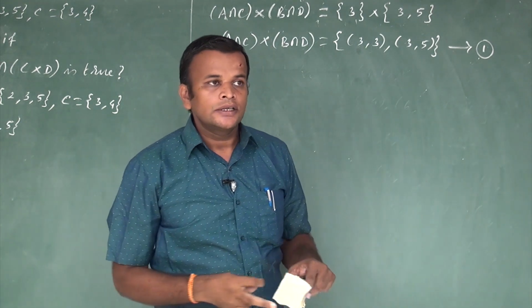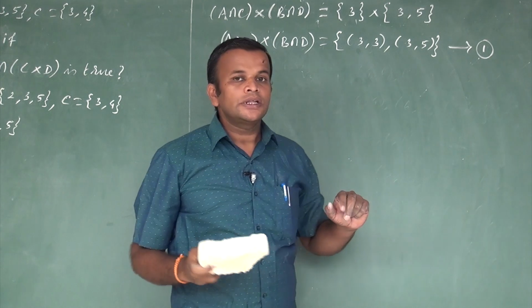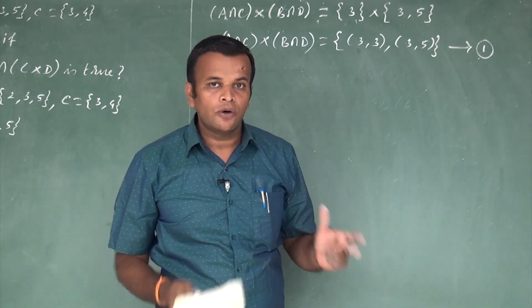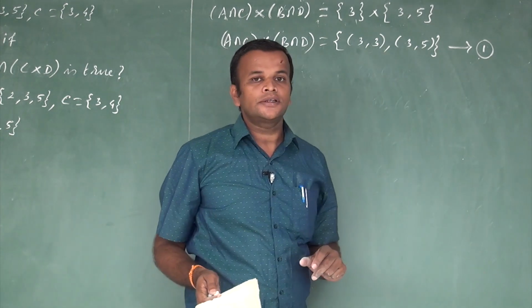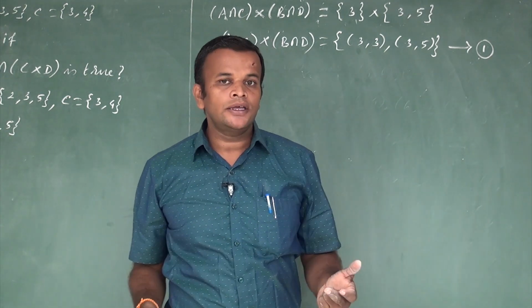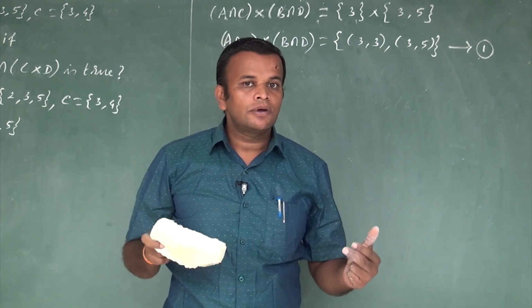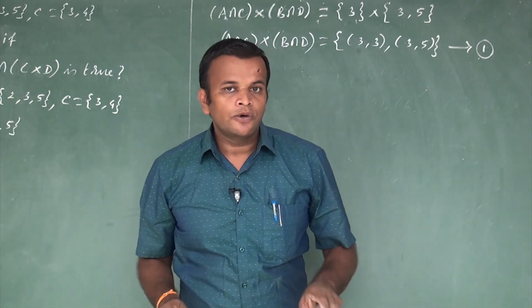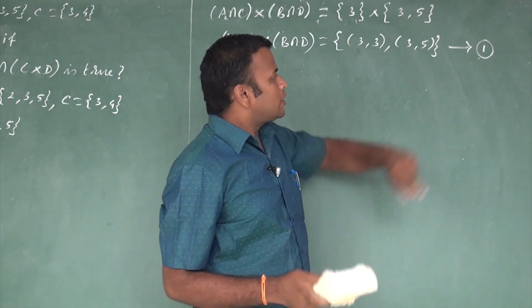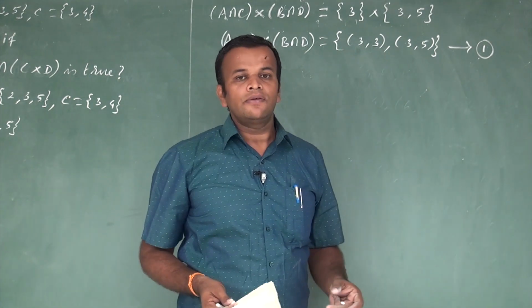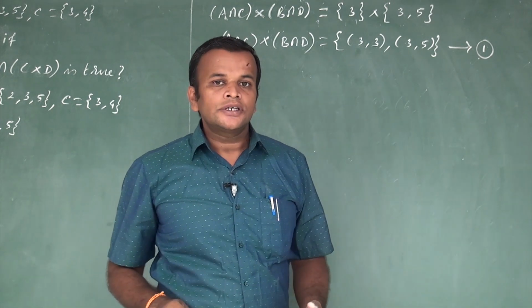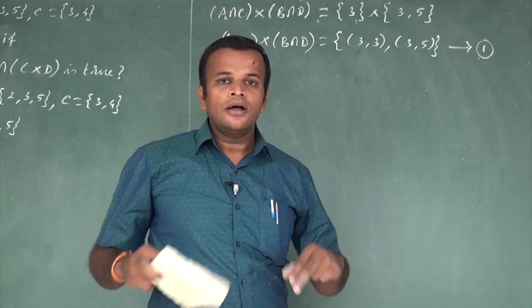Now we check whether the same elements come in the RHS also. Suppose the RHS contains exactly these two ordered pairs, (3, 3) and (3, 5). We come to the conclusion that the given statement is true. Suppose other elements occur besides these two ordered pairs, one more ordered pair will come. We come to the conclusion that the given statement is not true, it is false.